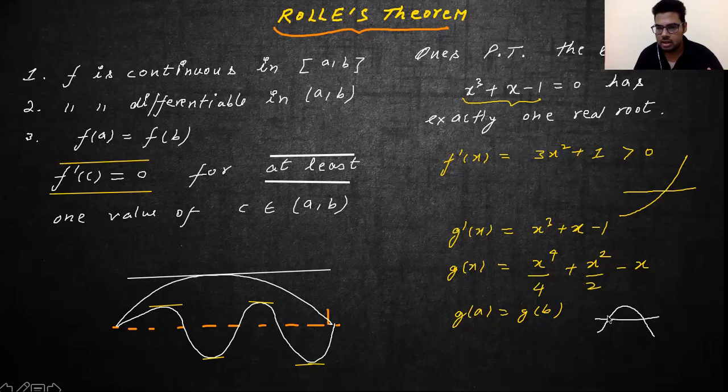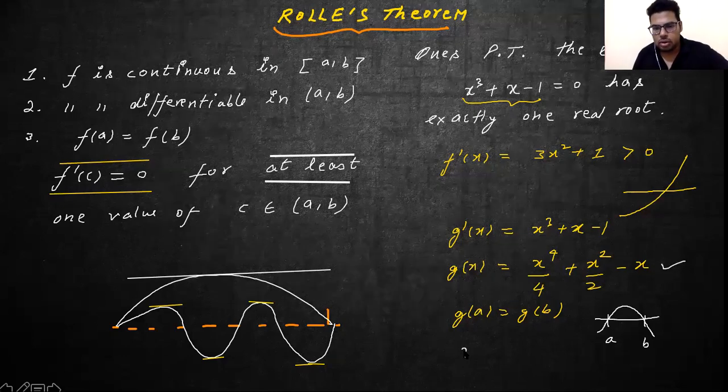So there is at least an interval you can easily get, A to B. Two values will definitely repeat, because it is not always increasing or always decreasing. So let us say these are the values of A and B, and you have g of A equals g of B. Clearly this function is differentiable and continuous. So you will say that g dash of C is equal to 0 for at least one value of C belonging to A B.